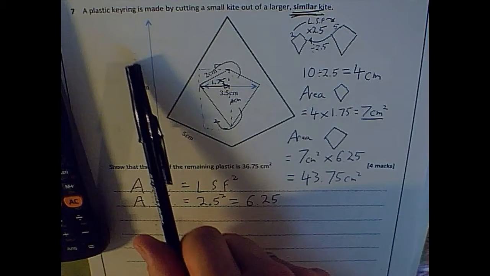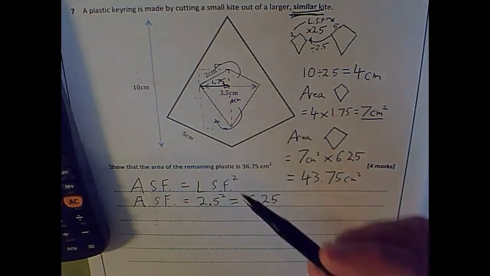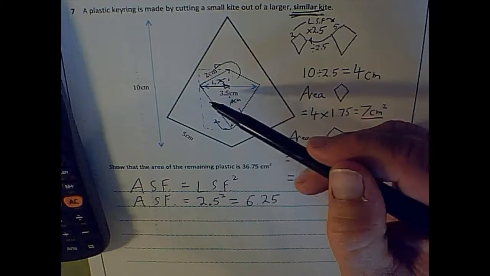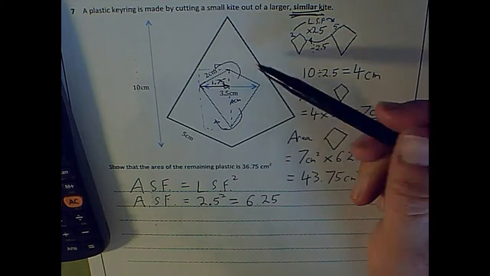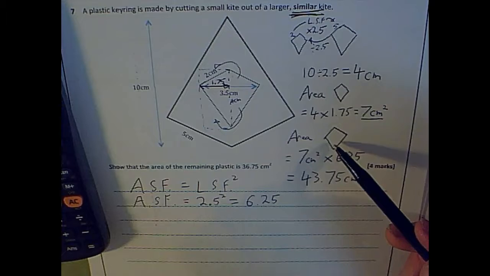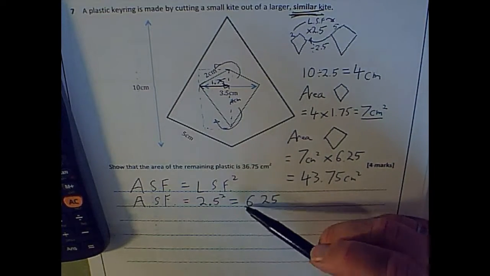Now, the keyring is made by cutting a small kite out of a large kite. So this is actually a hole here. And so we want to find the area of the remaining plastic. I've got the area of the large one, and I need to take away the area of the small one.